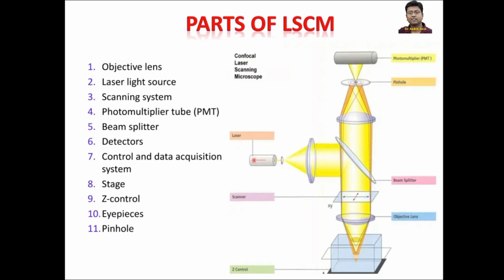Then there is one beam splitter which splits out the laser beam, and only the fluorescent light travels to the detector. Then there is one pinhole. As we know, the pinhole is required to eliminate unwanted fluorescent light, and it only focuses the fluorescent light at the center, and that is detected with the help of the camera.